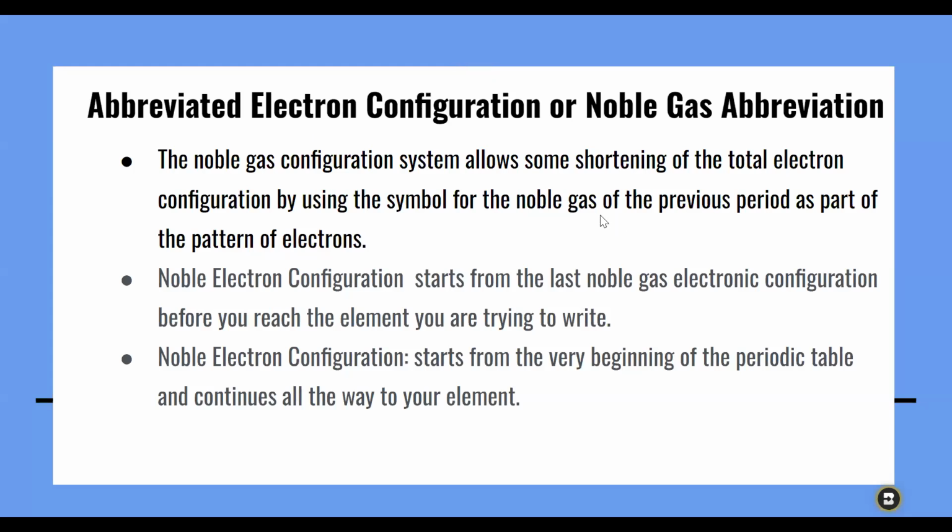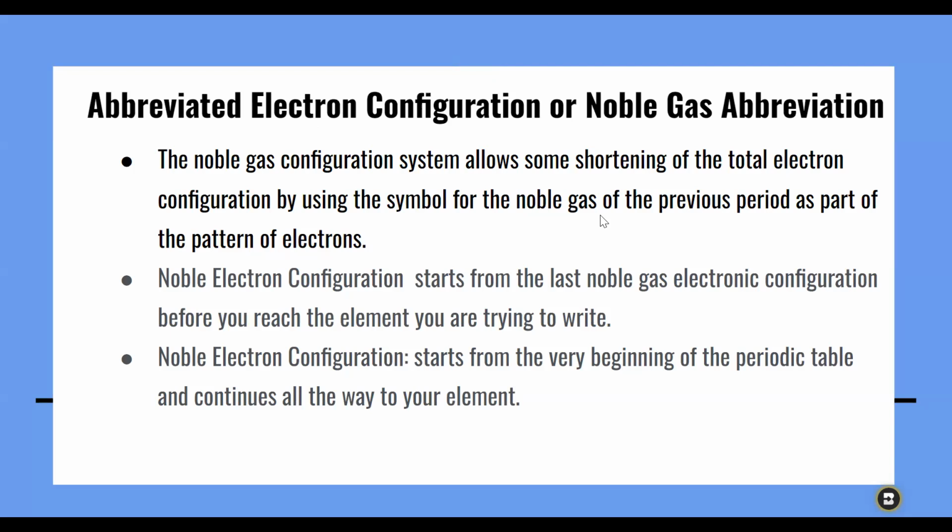So another one is called abbreviated electron configuration or noble gas abbreviation. Or some people call it noble gas notation. I'm not sure abbreviation is the best term here. Now, the noble gas configuration system allows some shortening.